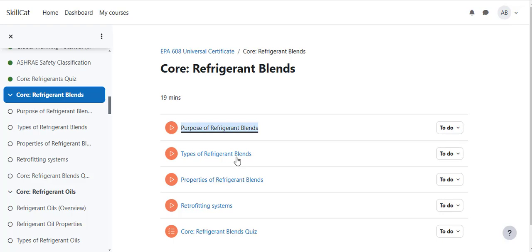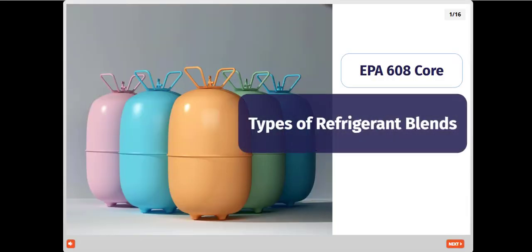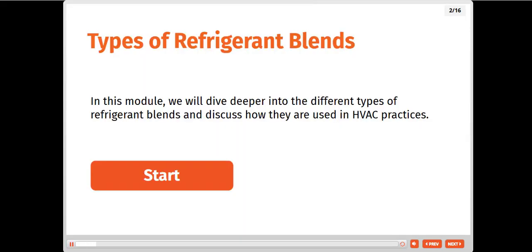The next one is types of refrigerant blends. In this module, we will dive deeper into the different types of refrigerant blends and discuss how they are used in HVAC practices.